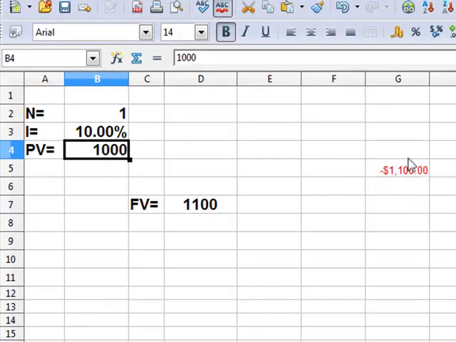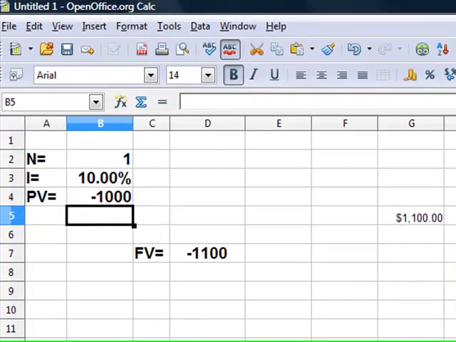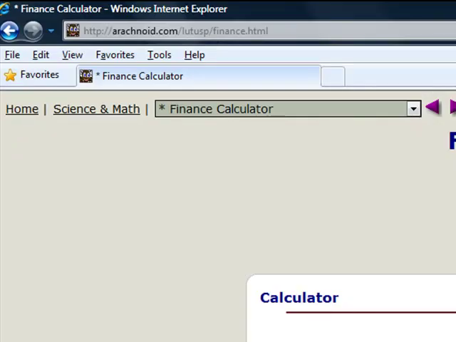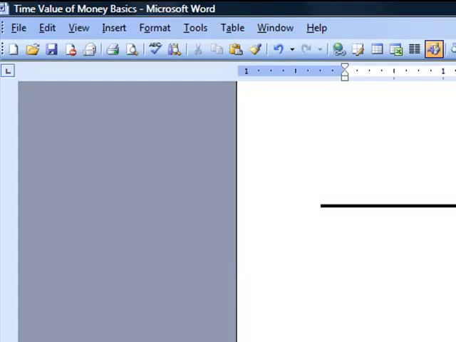This is going to give you the opposite sign of what you may expect sometimes, particularly if you put the investment in as 1,000. But really, in actuality, you're going to invest 1,000, which will be negative, and you're going to receive at the end of the investment $1,100 bucks. Okay, so that is just a quick introduction to future value.